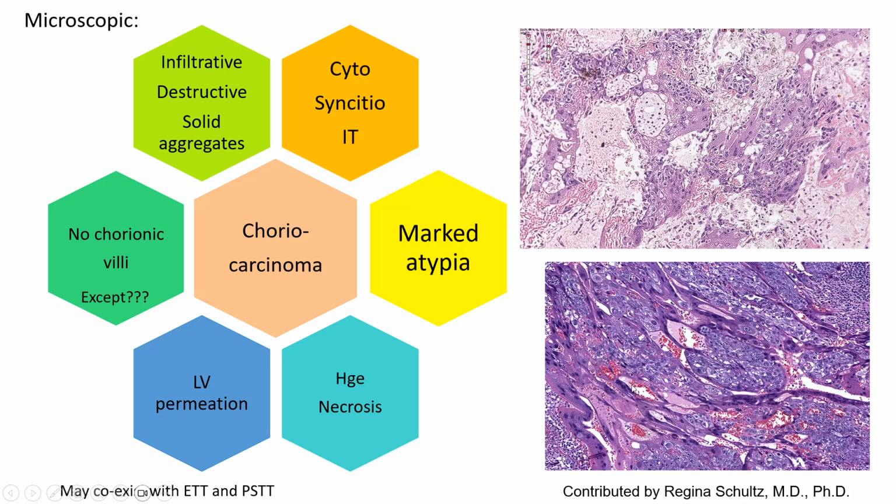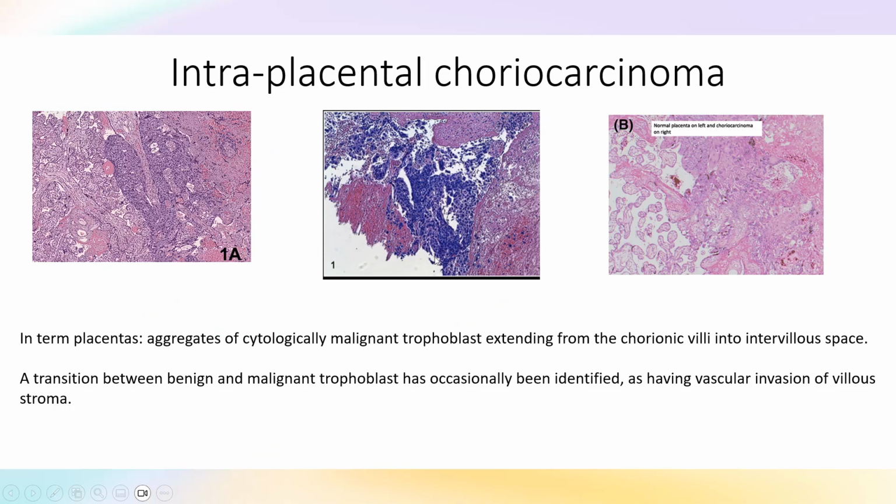It's characterized by hemorrhage and necrosis, and lymphovascular permeation. That's the real reason for the metastasis, let me tell you. And we do not have any chorionic villi, except for one instance: when we have an intraplacental choriocarcinoma, we have a transition between the benign villi and the malignant tumor side by side.